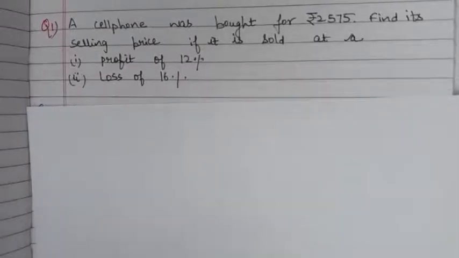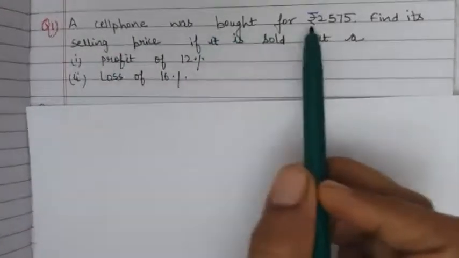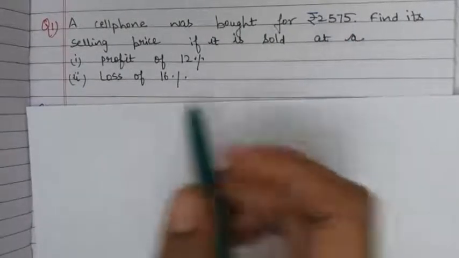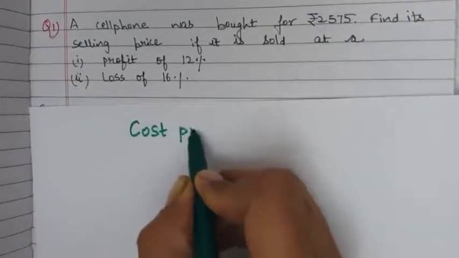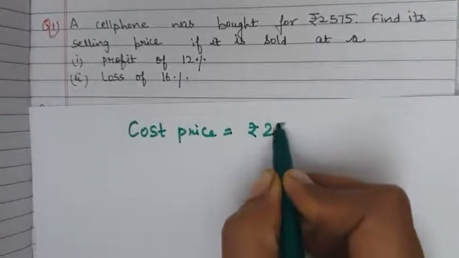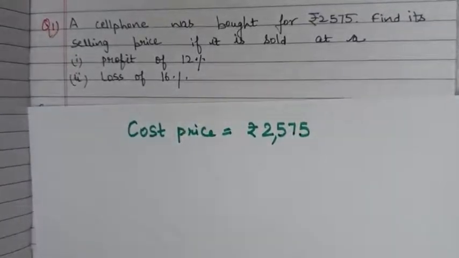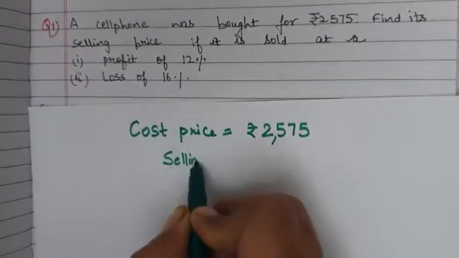So students, first of all, let us write what is given to you. Bought means cost price is 2575. Now we have to find out the selling price.